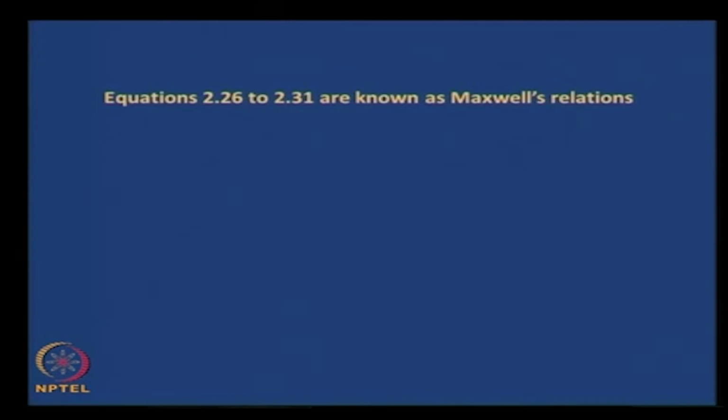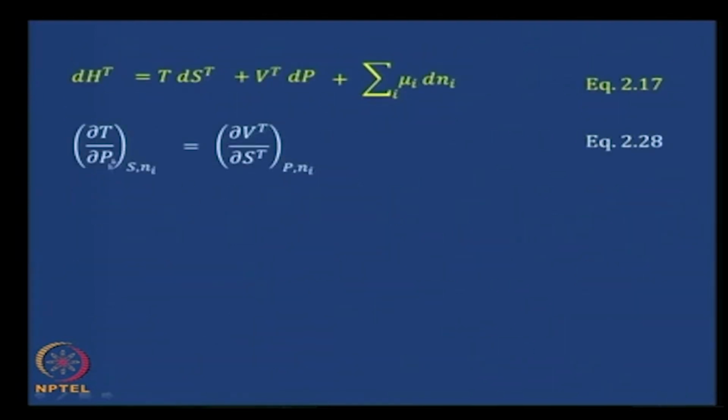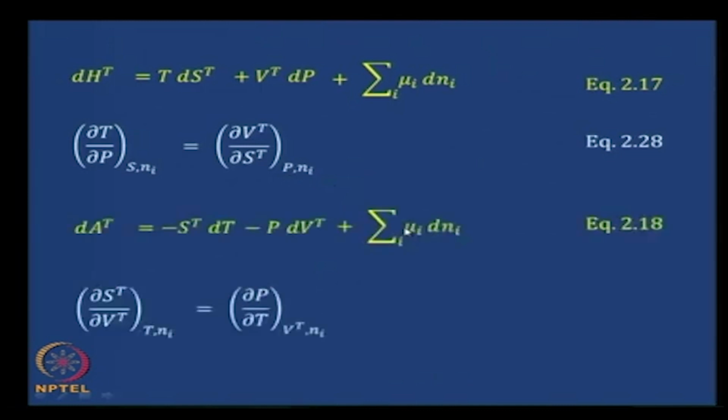The equations 226 to 231, let me go back and show you 226 just for a recall. 226 was ∂T/∂Vt at constant St, ni equals minus ∂P/∂St at constant Vt, ni. 227: minus ∂St/∂P at constant T, ni equals ∂Vt/∂T at constant P, ni, equation 227. 228 was ∂T/∂P at constant S, ni equals ∂Vt/∂St at constant P, ni, and equation 229 was ∂St/∂Vt at constant T, ni equals ∂P/∂T at constant Vt, ni.